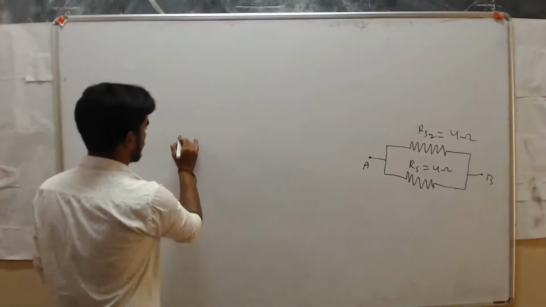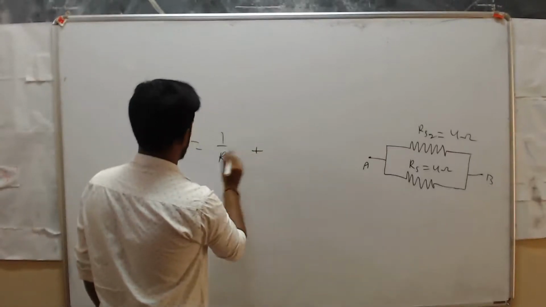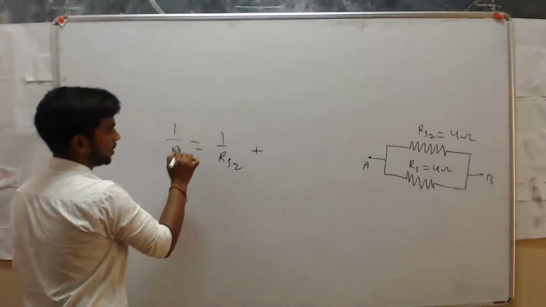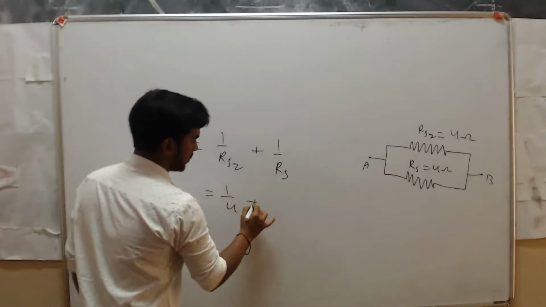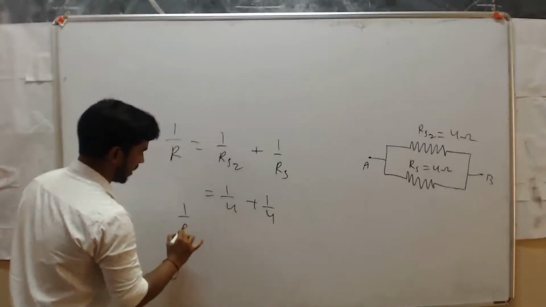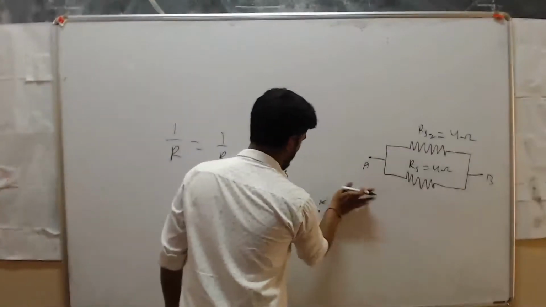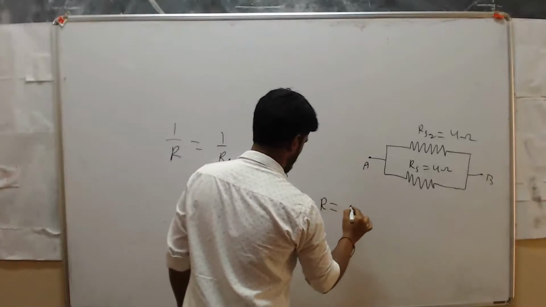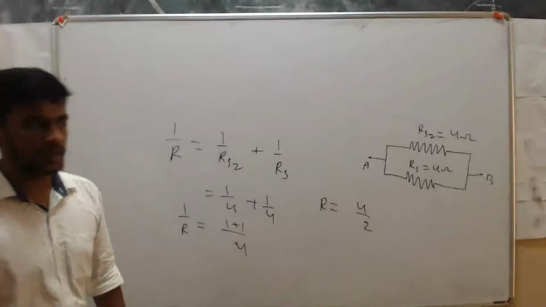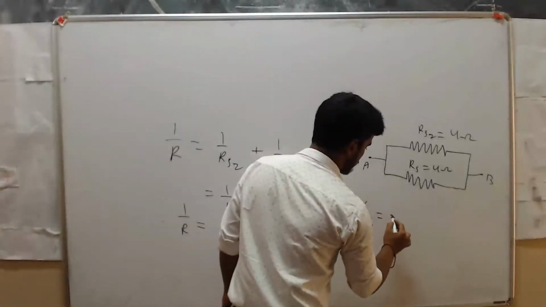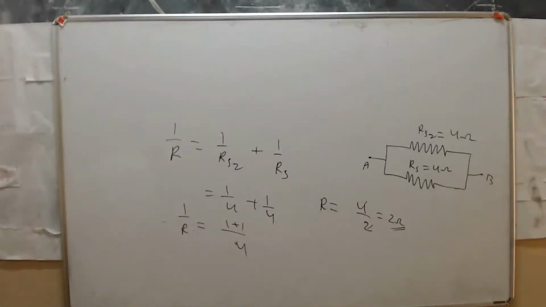So finally we can calculate R: 1 by R is equal to 1 by RS2 plus 1 by R5, parallel, that is 1 by 4 plus 1 by 4. So 1 by R is equal to, with LCM 4, 1 plus 1 over 4. So R is equal to 4 divided by 2, taking the reciprocal, that is R equals 2.